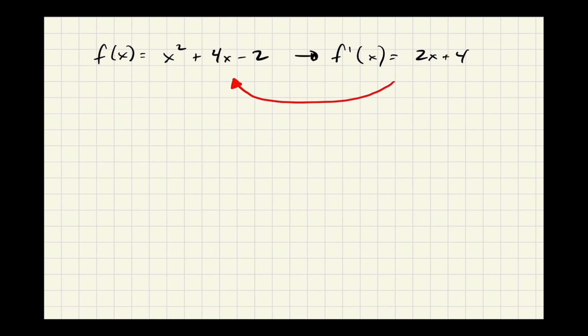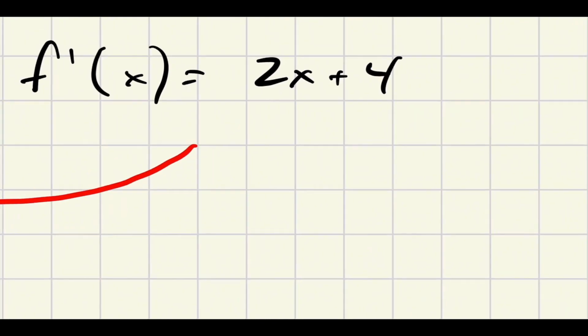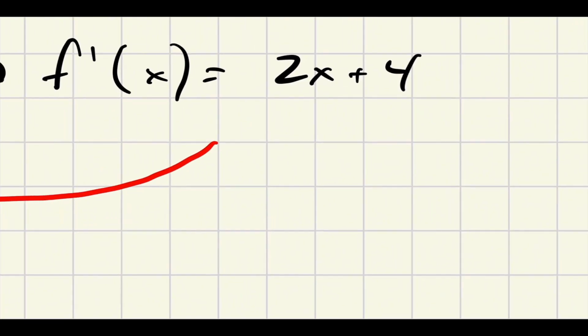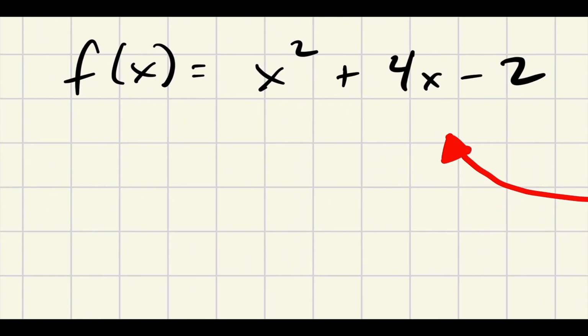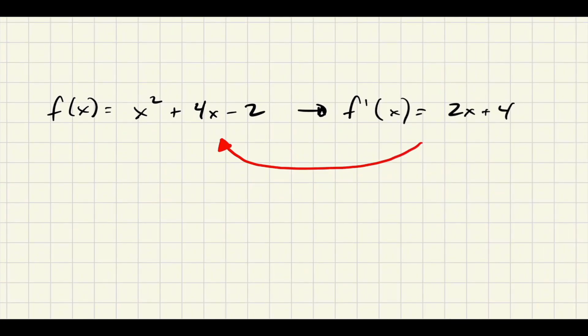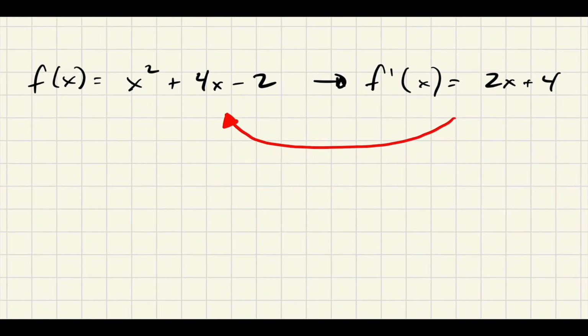So what I want to do is come up with a rule. What's a rule we can use to take this guy and end up with that guy? So for derivatives, we have the power rule, right?